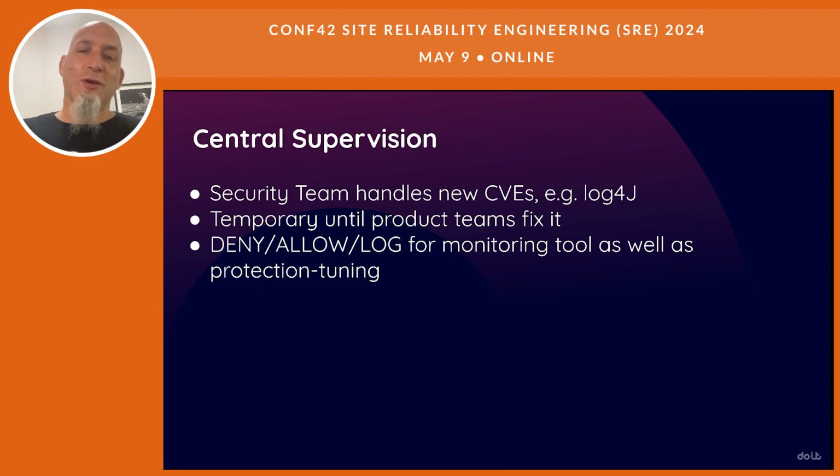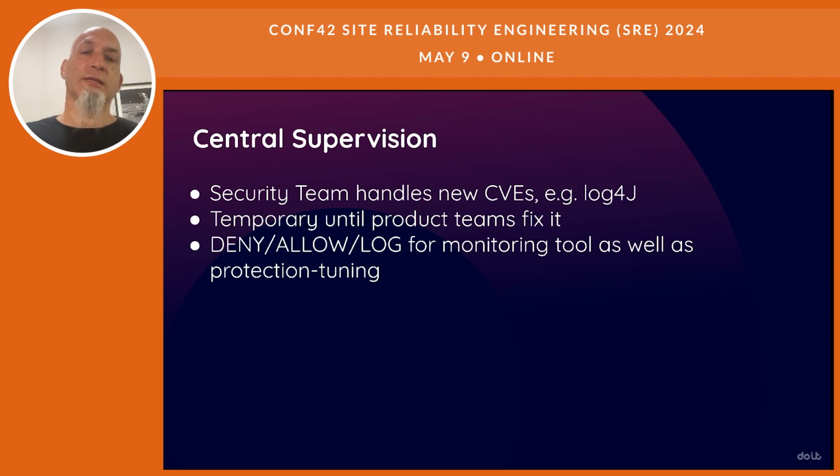Now, the immediate response should be, is the product team really going to fix it? But in this case, we're seeing the WAF as a monitoring tool. And if we choose deny, allow, or preview, then that's actually to help the central team understand what's happening, temporarily control it, monitor it, and not just tune the protection per se.